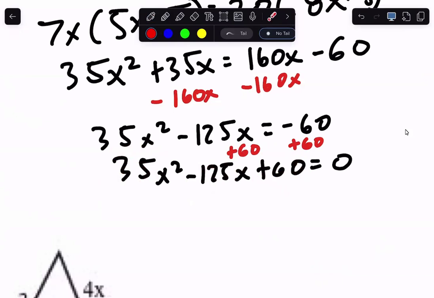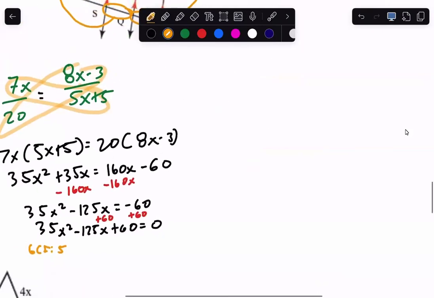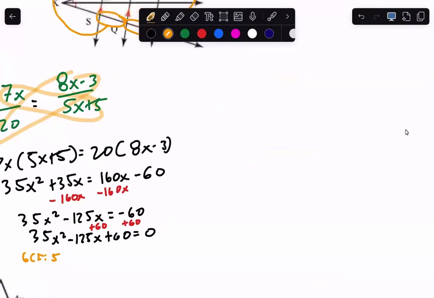Because, yeah, 5 is the only number. So GCF is 5. So if I factor out 5, I'll be left with 7x squared minus 25x plus 12.